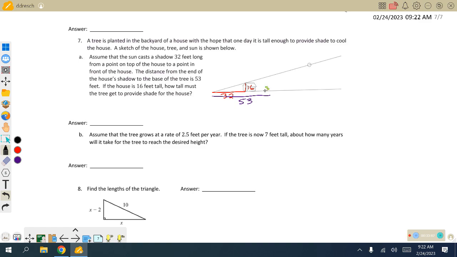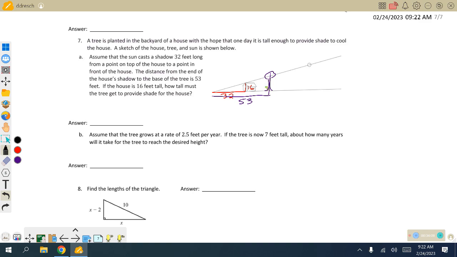Eventually we want this tree to get tall enough to provide shade for that house. As I sketch mine out, hopefully you're seeing that we've got 2 triangles happening. The reason is we have a similarity.